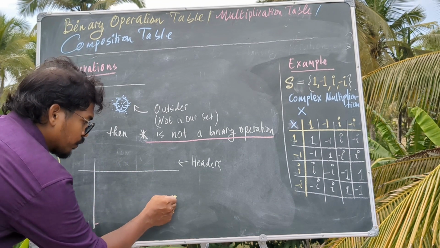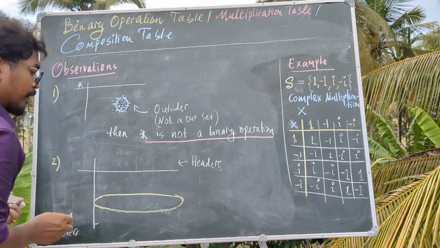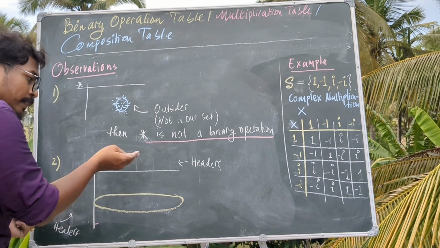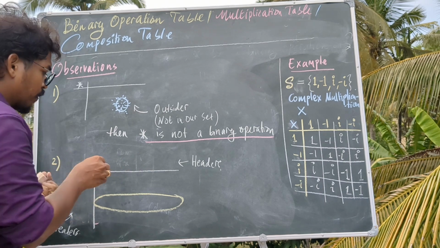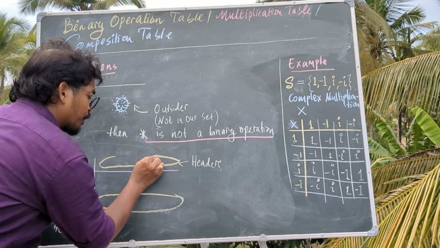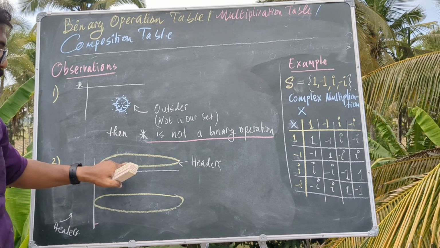Suppose in some row, suppose this is one row, and the elements here are the same as the header, this is the exact copy of the header. Suppose we have some row, so this row is the exact copy of this header.